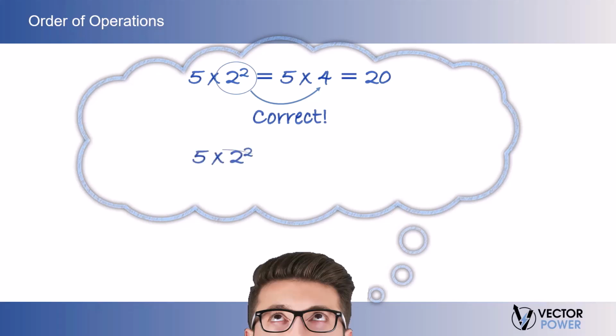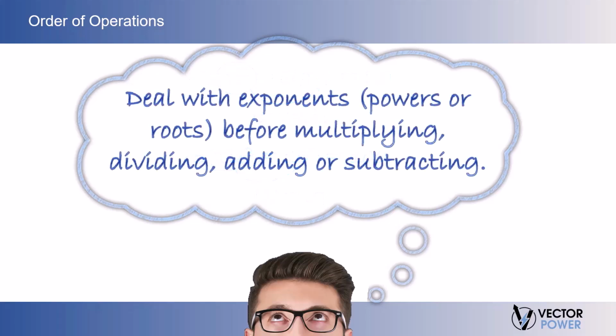Now, had we done 5 times 2, that would have given us 10 to the power of 2, which would have equaled 100, and that would have been the wrong answer. Deal with exponents, powers, or roots before multiplying, dividing, adding, or subtracting.